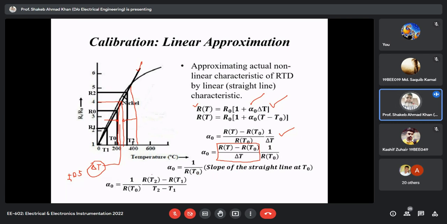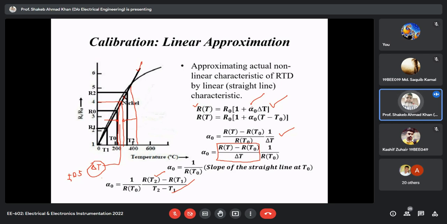Ultimately, you can take any 2 points on the straight line. 2 data points are required, because the slope of the straight line is constant. If I'm taking any 2 points and putting them here, then we get alpha naught. Once alpha naught is known, we'll say that the calibration is done and our input output relationship is established.